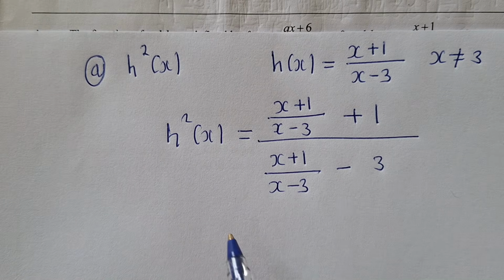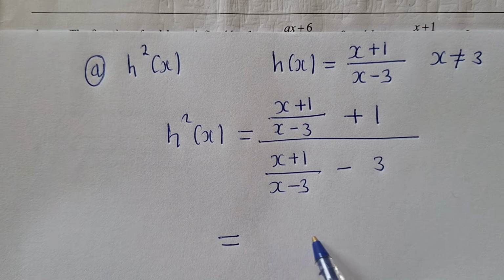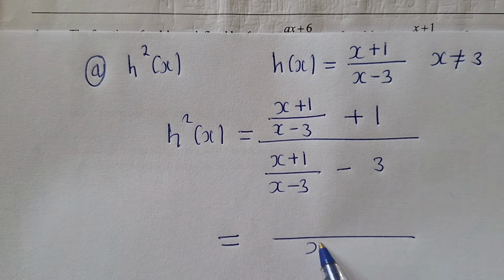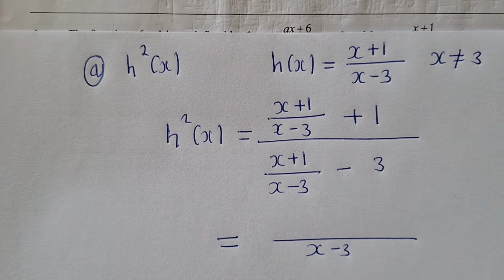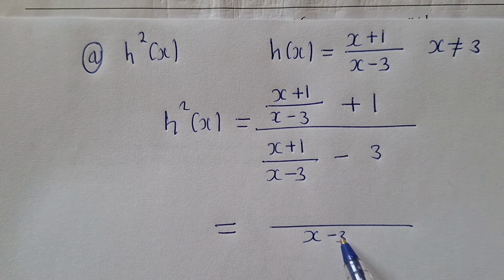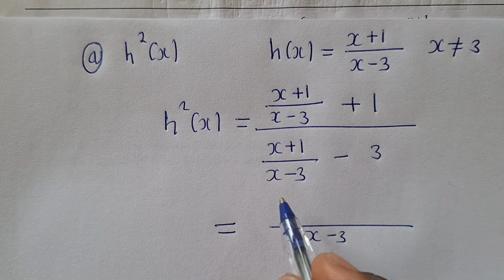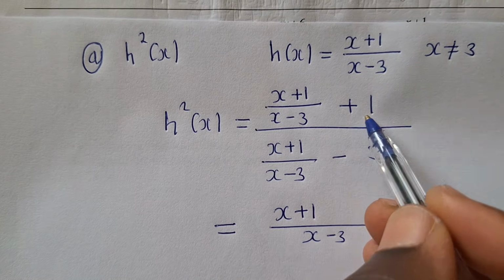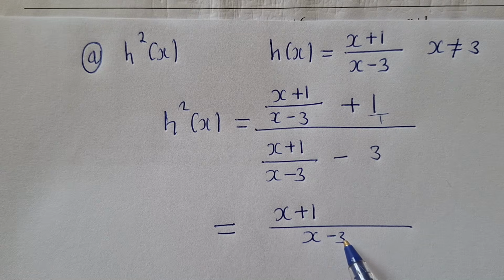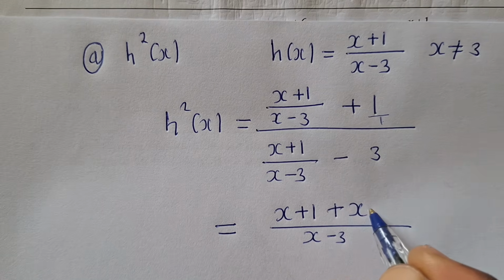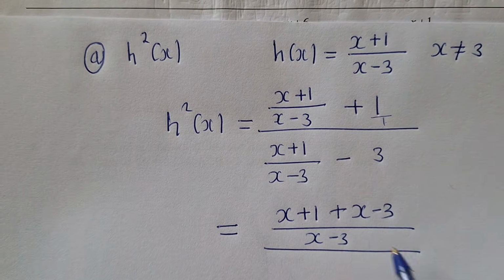So we now simplify. So this will be equal to, for this one we find the lowest common denominator, which is x minus 3. And then we say x minus 3 into x minus 3, it's 1. 1 times what is on top here, it will just be x plus 1. So there is a 1 down here, so 1 into x minus 3, it's x minus 3. X minus 3 times 1, it's x minus 3. So we are done on top.